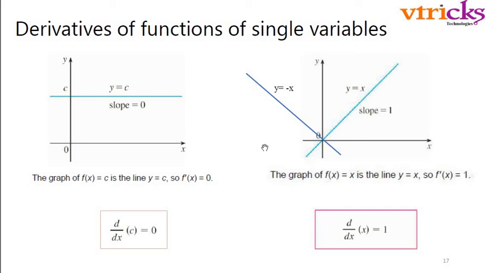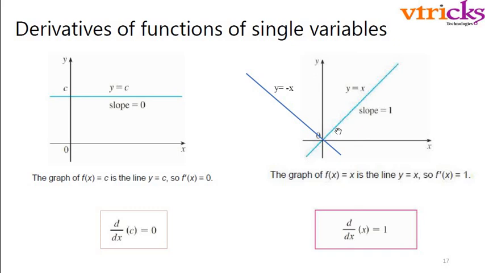We are adding a minus 1, but y changes from 1 to 2. So the change in y is positive here, but the change in x is negative. So dy by dx will be minus 1.